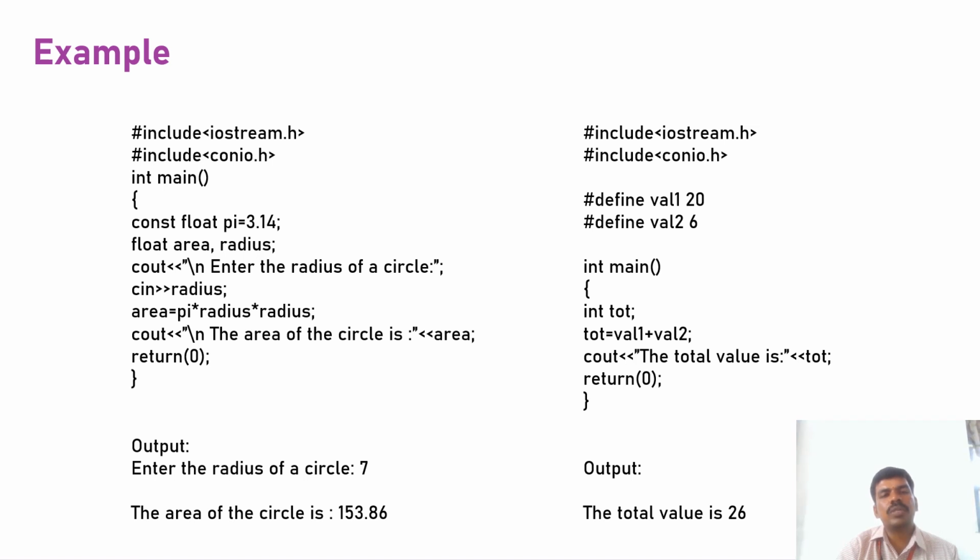So the pi value is the constant value. We declare the variable pi in the form of the floating point data type. That floating point variable pi is declared as a constant variable. So we have used the const keyword while declaring the variable pi.